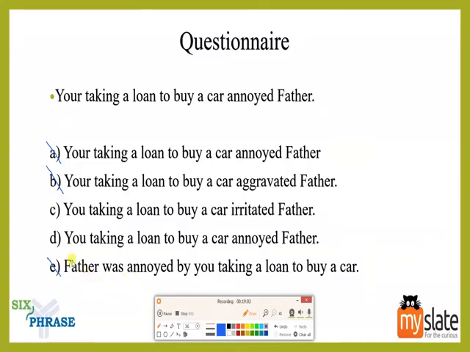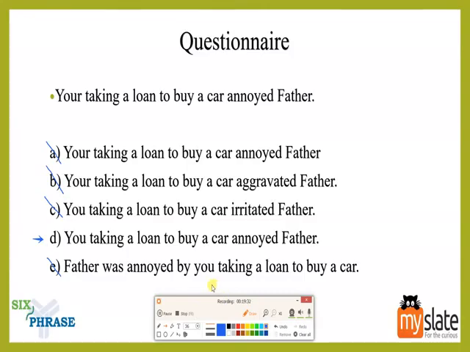You are not supposed to change the idea or the core of a sentence. You are supposed to change only the error in a sentence, right? So we have two sentences here: "You taking a loan to buy a car irritated father," "annoyed father." As I said, you are not supposed to change the important parts or the core of a sentence. Therefore, C is wrong, and the only answer which is right is D, right?